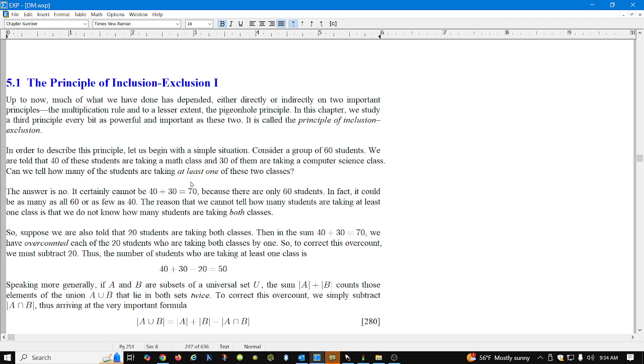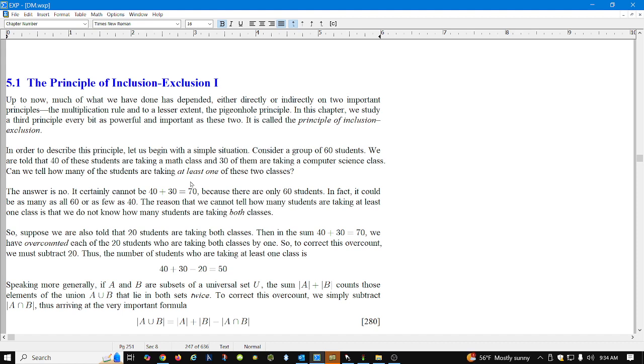inclusion-exclusion. If we knew, for example, that 20 students are taking both classes, then in the sum, 40 plus 30, the students that are taking math plus the students that are taking computer science, that's 70. We've overcounted the 20 students who are taking both classes, overcount by 1, because they're counted in both the 40 and the 30.